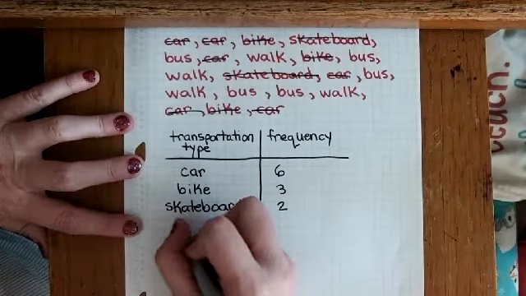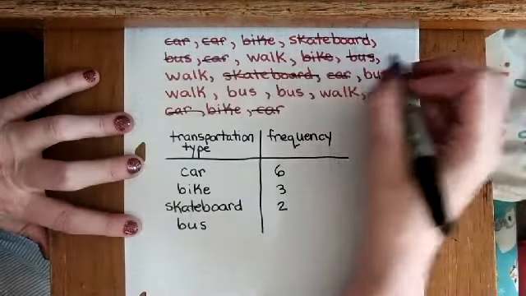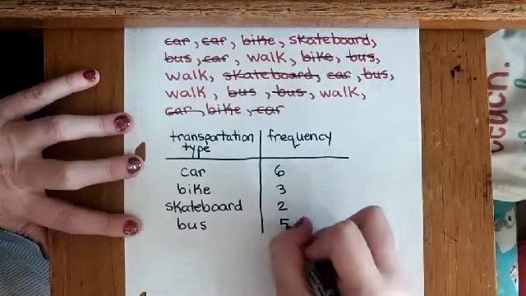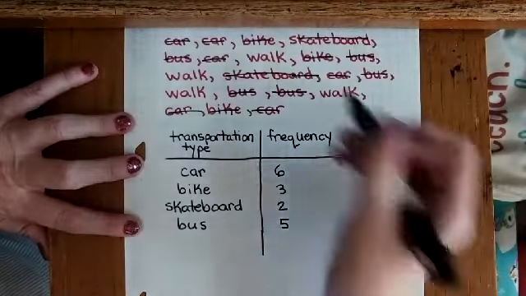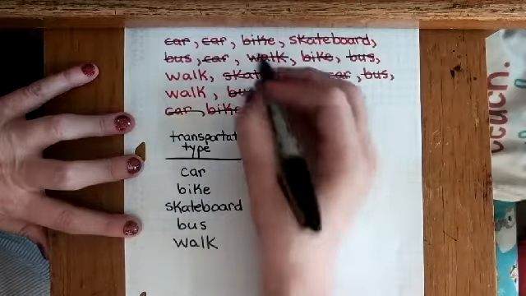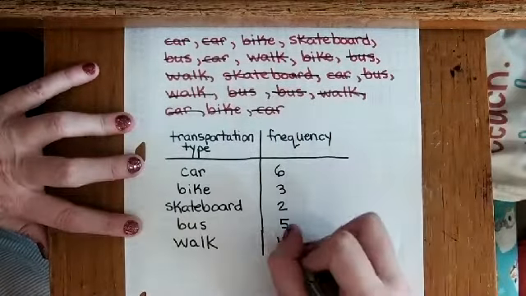We have the bus, 1, 2, 3, 4, 5 times. And we have walk, 1, 2, 3, 4 times.